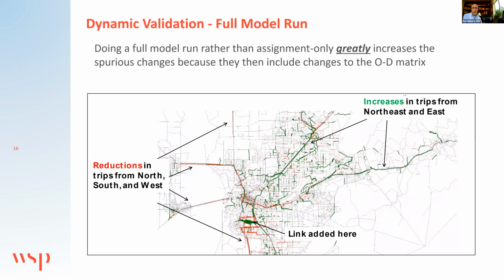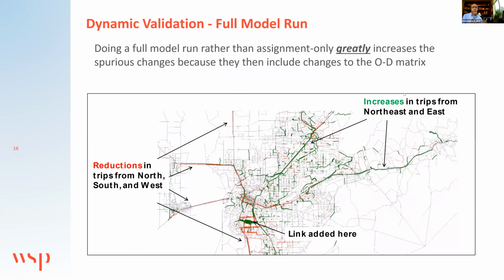So yesterday, Kyle was going through the very complicated demand model that SACSIM has, and it's got lots of different probability functions and some random selection of destinations and things like that.